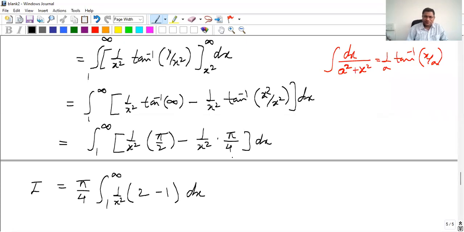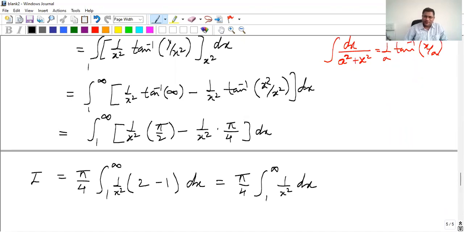Are you getting this? Yes. So we have pi by 4, and this is 1 to infinity, so we get 1 by x square dx. Is that okay? That's true, right?